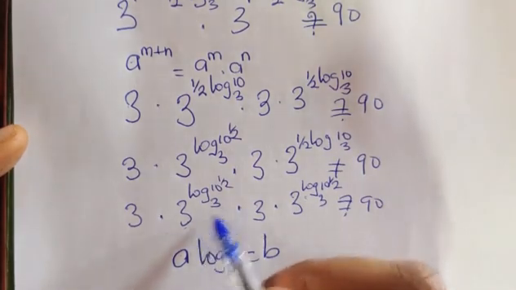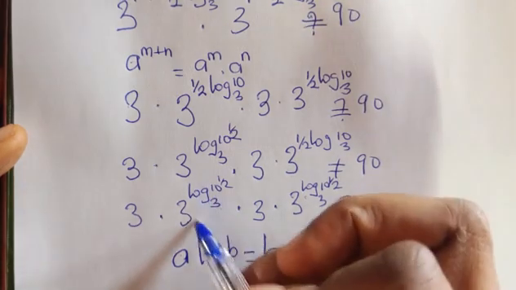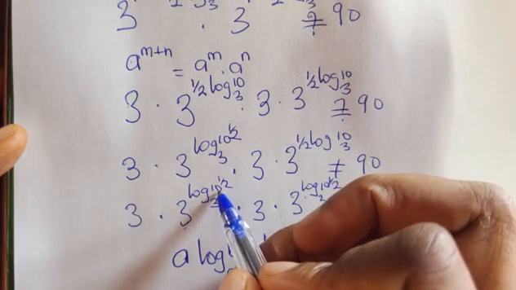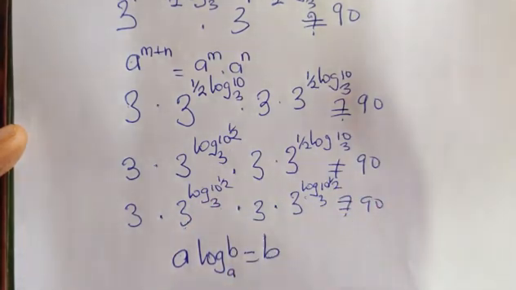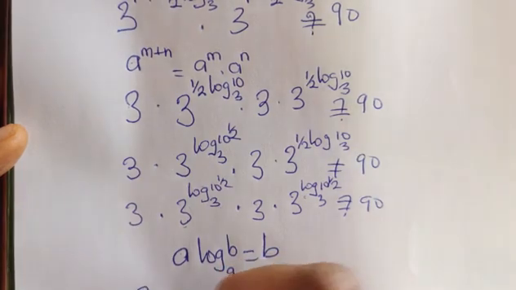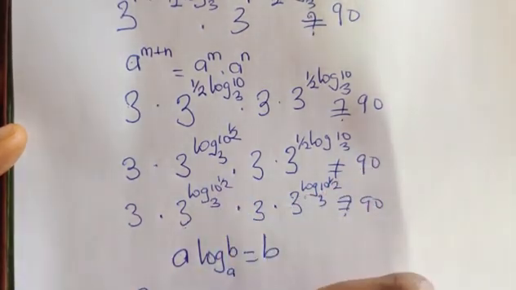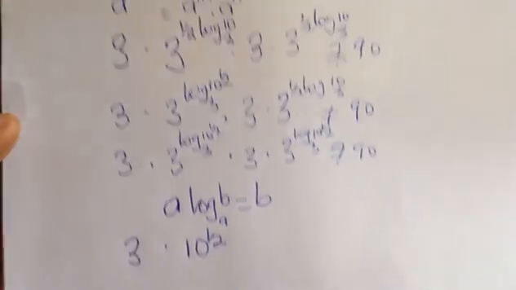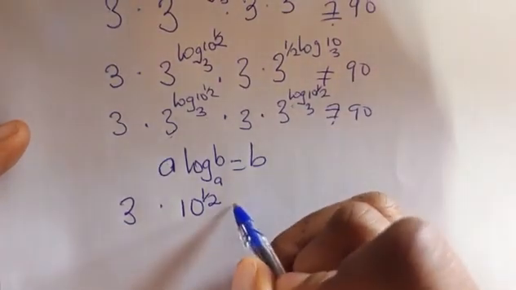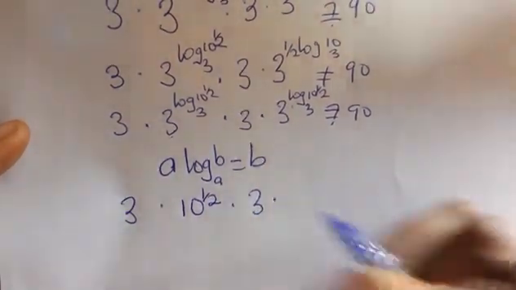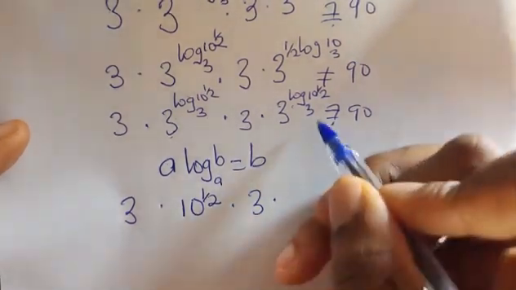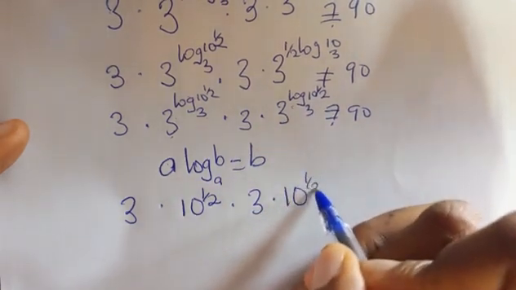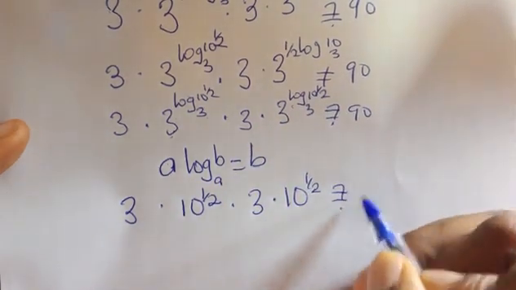So let's substitute this into this place. We have 3 times 10 raised to power 1 over 2, times this 3 again, and then the same thing here, 10 raised to power 1 over 2. Is it equal to 90?